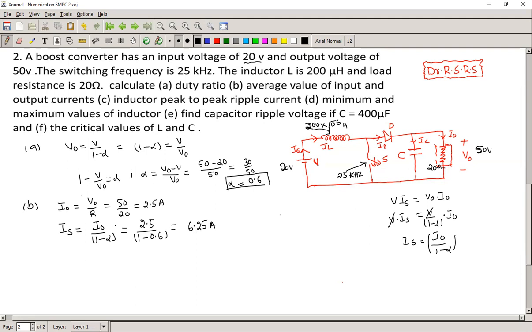B bit is over. Next, C bit is the inductor peak to peak ripple current. We already derived the expression for a boost converter.